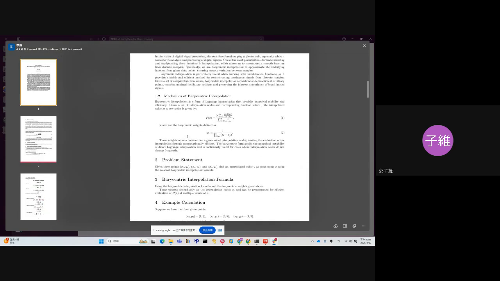Yeah, we can see from the challenge document that the interpolation mechanics is like this. Oh, this is the weight we talked about, and the numerator is as such.